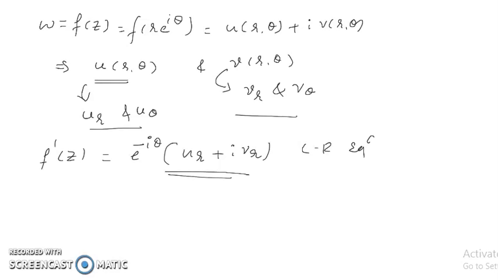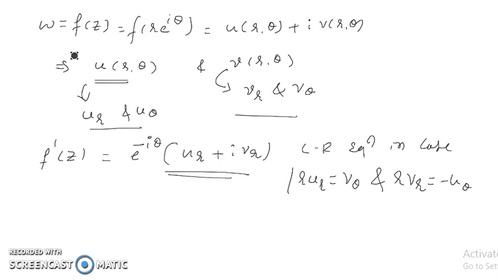The CR equations in case of polar form are: r u subscript r is equal to v subscript theta, where u subscript r means partial derivative of u with respect to r, and r v subscript r is equal to minus u subscript theta.